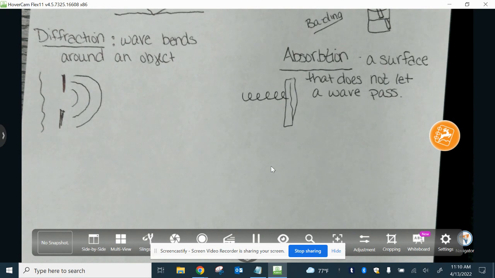Even with nuclear radiation like alpha, beta, and gamma rays, alpha, I think, is stopped by paper. Beta is stopped by a piece of foil. Gamma has to be behind a lead wall. So different waves can be absorbed by different things.